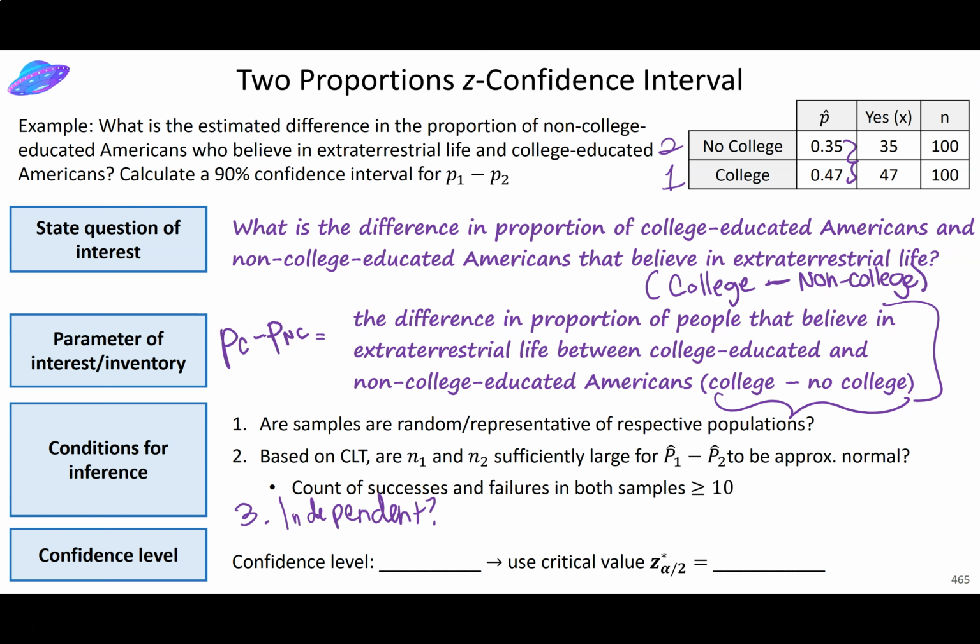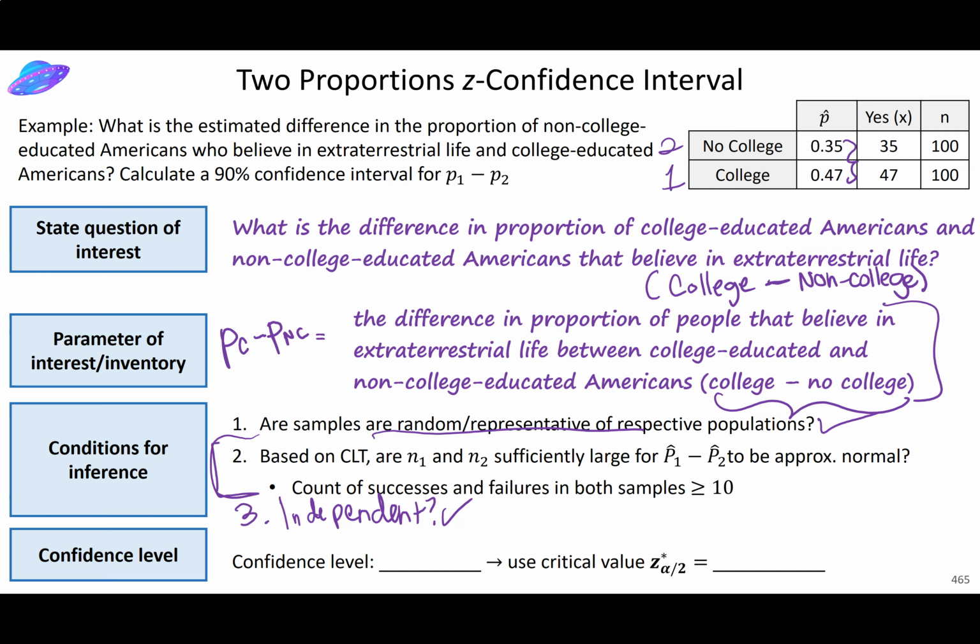You have a degree or you don't have a degree. The people they're sampling from can't be in both. So yes, I would say they're independent. Not only that, they took a random sample of 100 college-educated folks and a random sample of non-college-educated folks. Probably self-reported. That might be problematic.